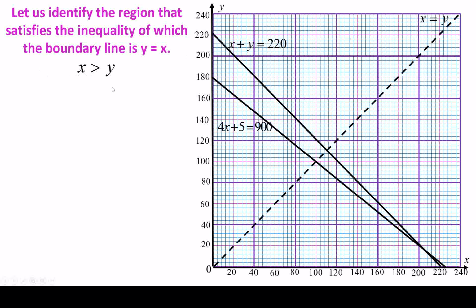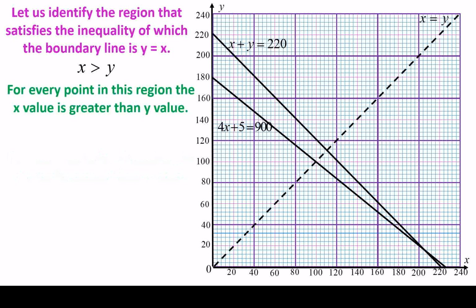We therefore need to identify the region which satisfies this inequality, which is the region for which the values of x are greater than the values of y for every single point in that region.